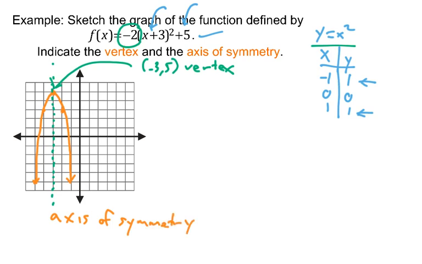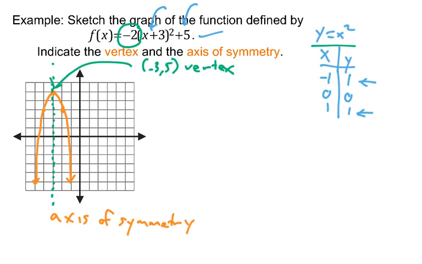I recommend you go ahead and sketch the graph, or at least visualize the graph in your mind first, and then you'll see where that axis of symmetry is. The axis of symmetry is a line, so what we have to write when we're asked for the axis of symmetry is the equation of a line.